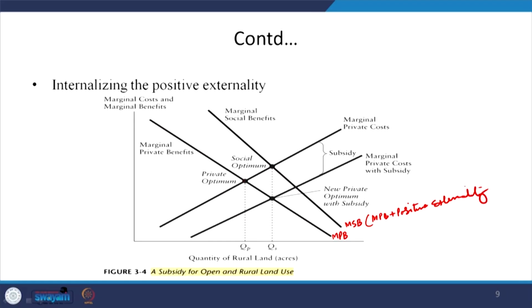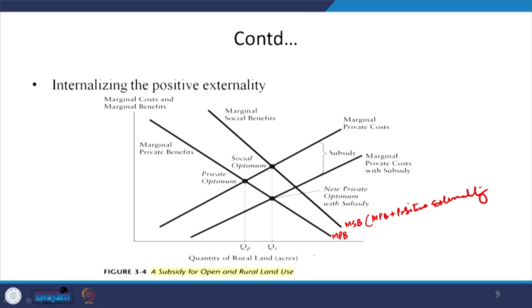So, due to positive externality, the equilibrium shifts to this point, which is called the socially optimum point. But when a subsidy is included, the supply curve will shift again. As we know, when a subsidy is given to any factor of production or to any producer, the subsidy encourages production, while a tax discourages production.